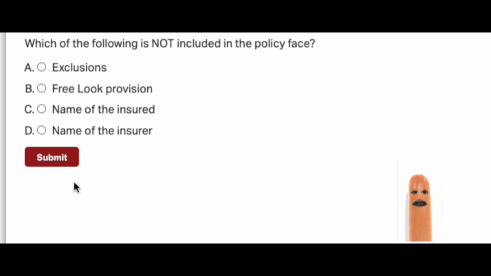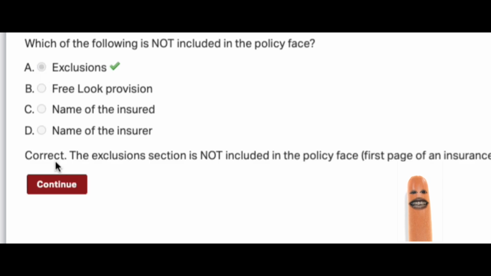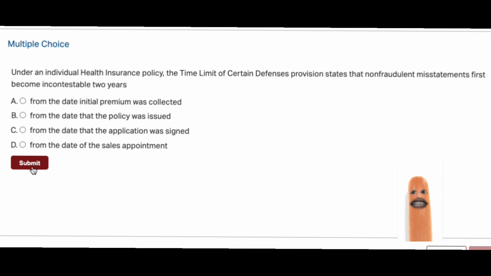All that is on the first page besides A, Bob, exclusion, for 50 points. Ding! Correct. The exclusion section is not included in the face of the policy, the first page of an insurance policy. That's right. Okay, next question, please.